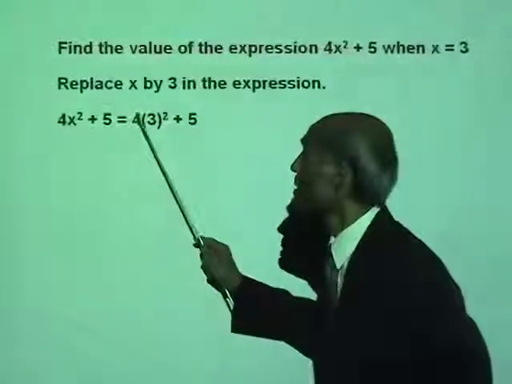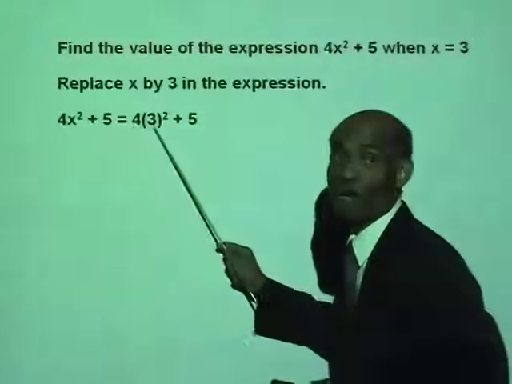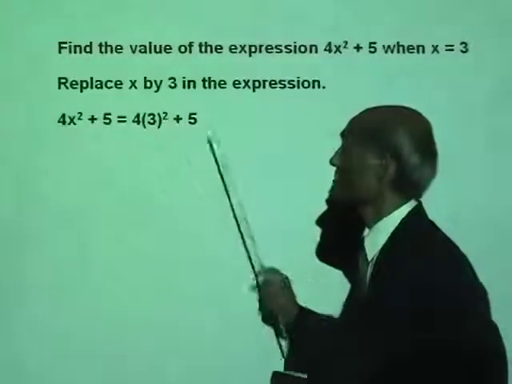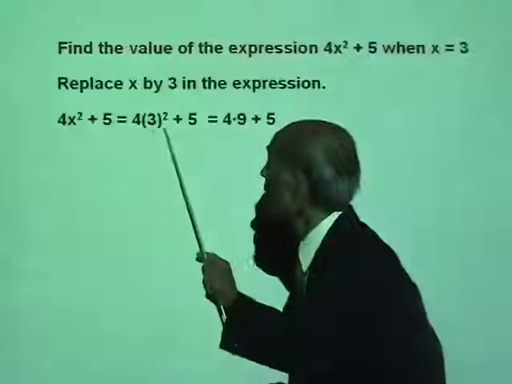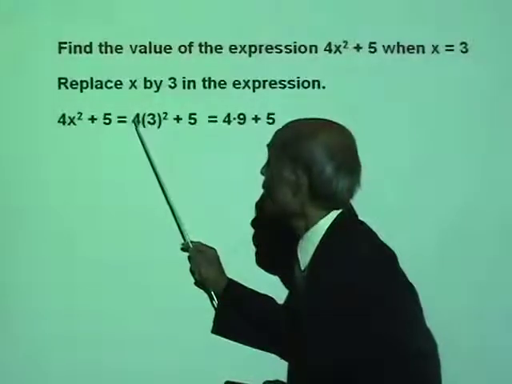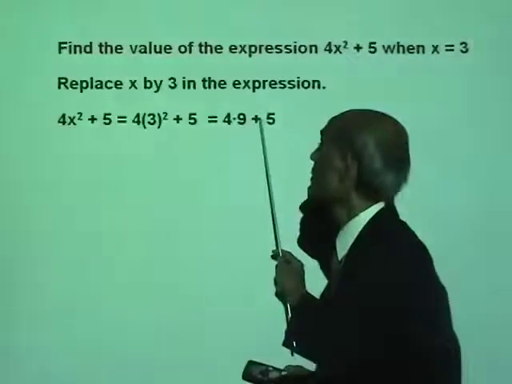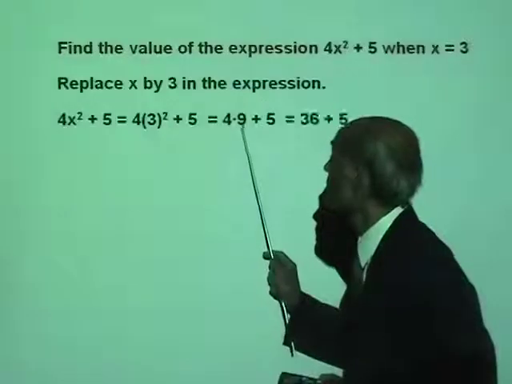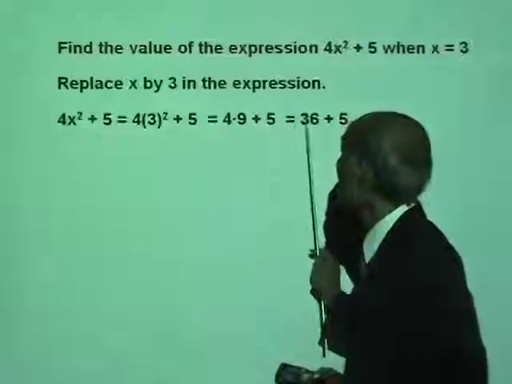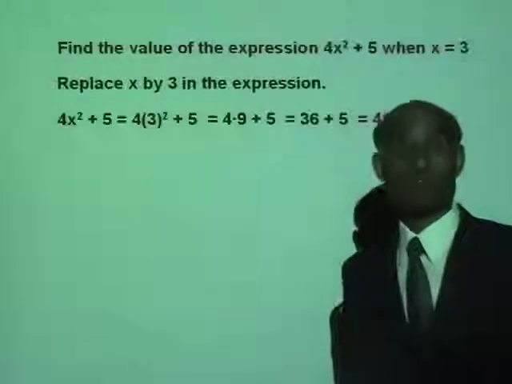That will be 4 times 3 squared plus 5. 3 squared is 9, so 4 times 9 plus 5. First do the multiplication. 4 times 9 is 36 plus 5, and that is 41.